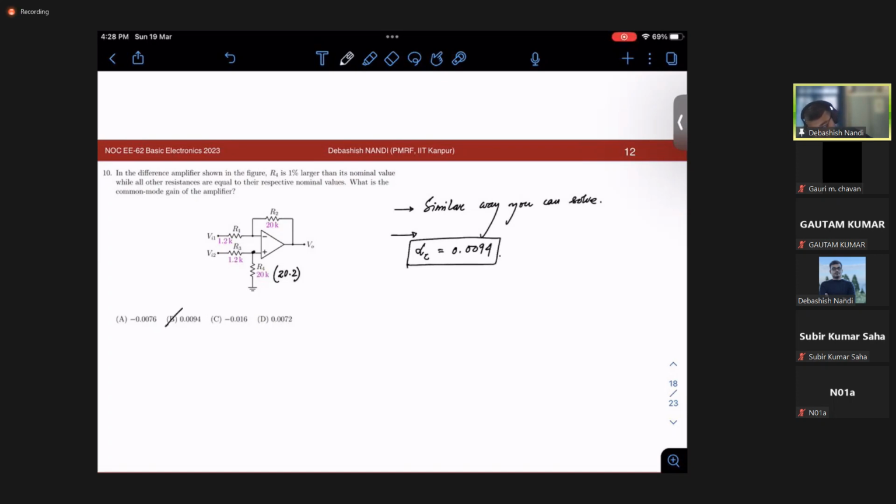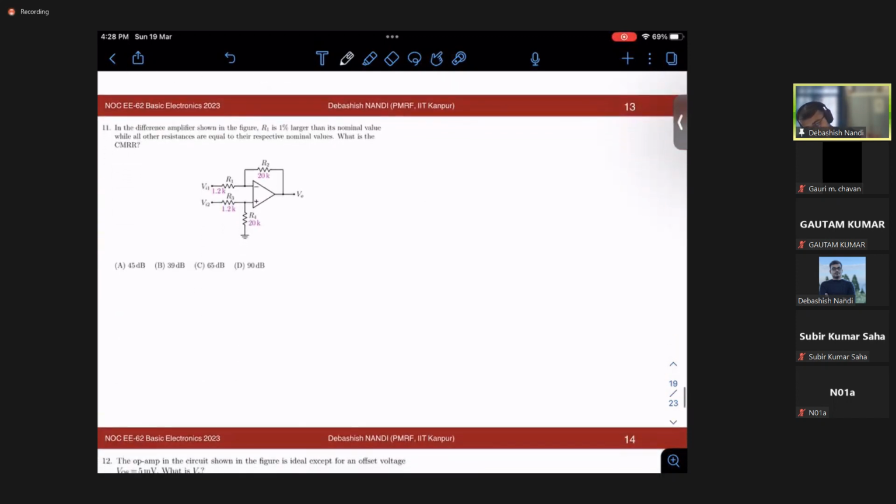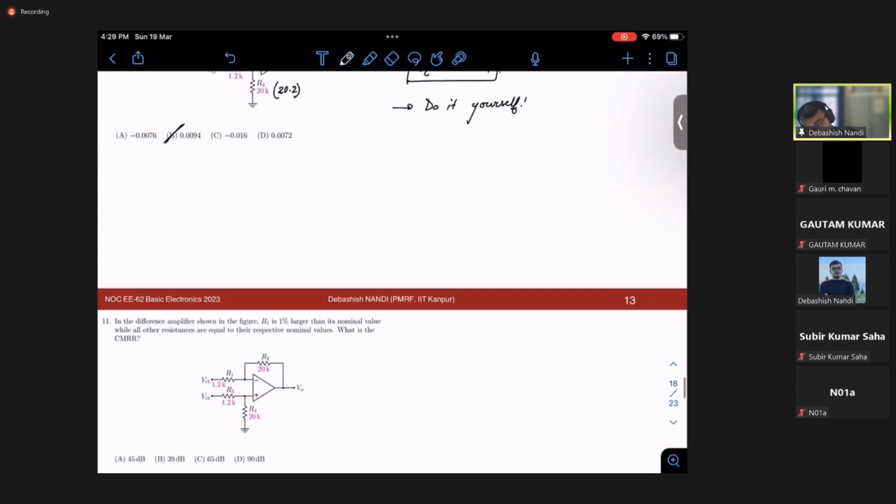So let's move on to problem number 11. So they want us to find out, this is the same problem. See, the same circuit is given. If the same circuit is given and your R1 is larger, then you know your common mode gain alpha C, what was your common mode gain?